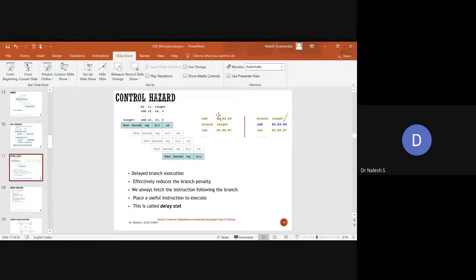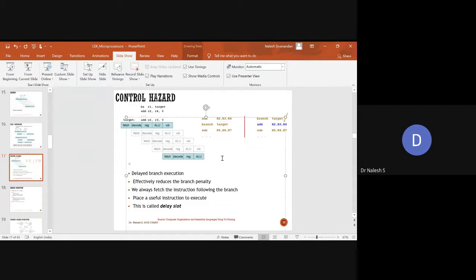For example, consider this: you have an add, then you branch, then you do subtract. So you have the add instruction, then a branch instruction, and if the branch is taken, you have to go to a different address. But if the branch is not taken, you have to continue.